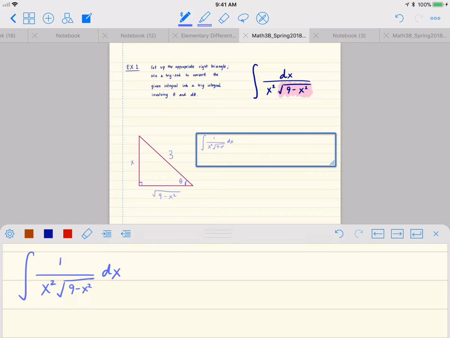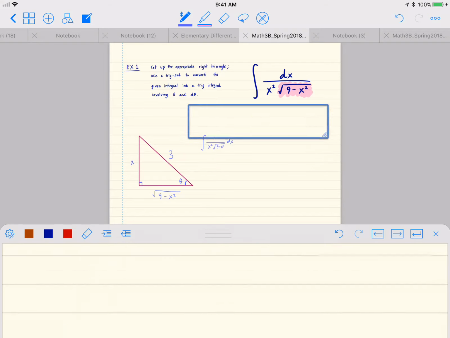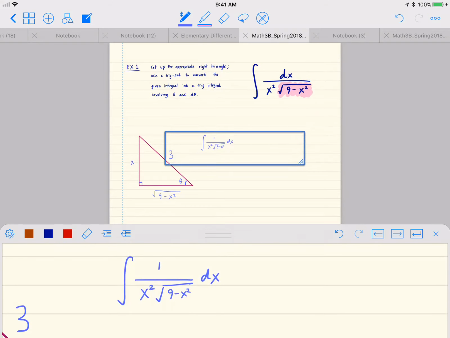So let me just rewrite this. Notice that this is the same integral as the integral we've been given. I can rewrite this as 1 over x squared times 1 over the square root of 9 minus x squared dx.